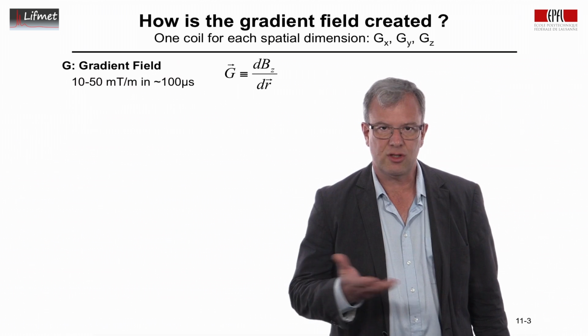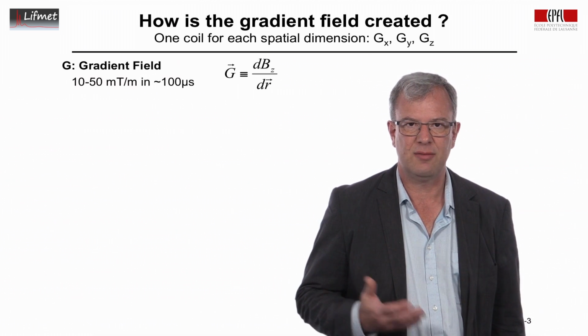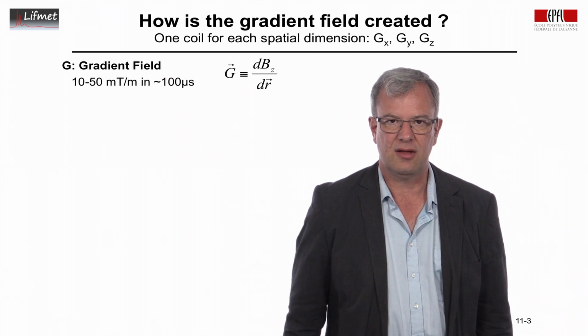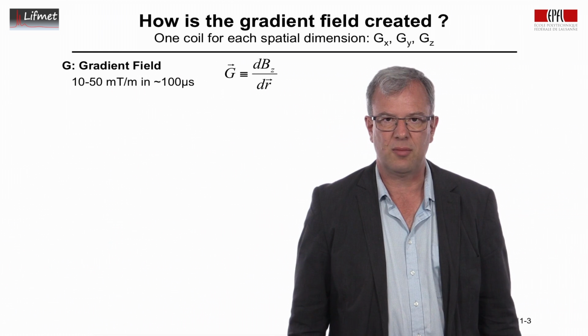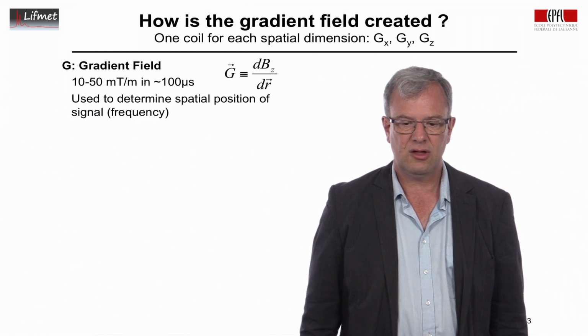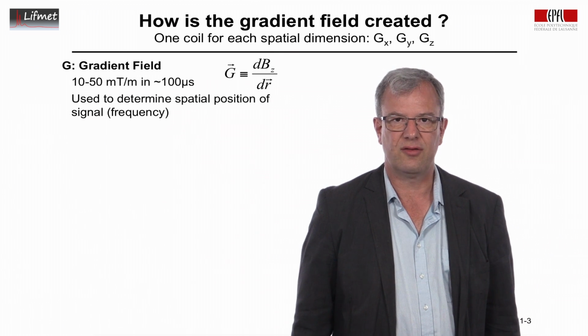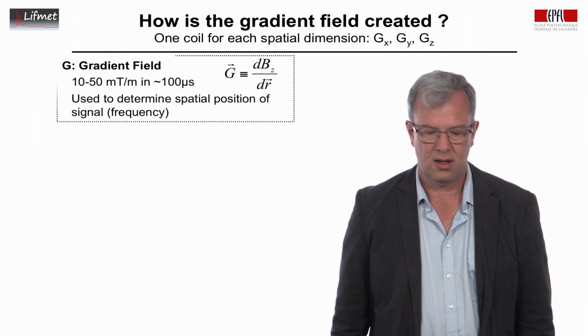To give you an idea what we're talking about here, this gradient field is typically on the order of 10 to 50 millitesla per meter, and it can be switched on a time scale that's typically on the order of 100 microseconds. And this is used to determine the spatial position of the signal, as we have seen from the Larmor frequency.